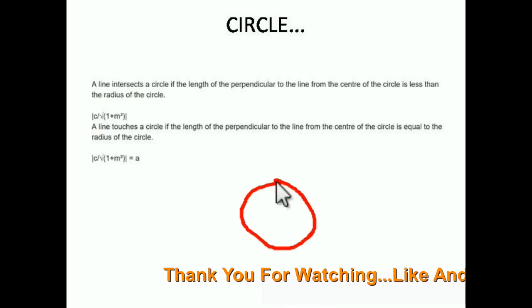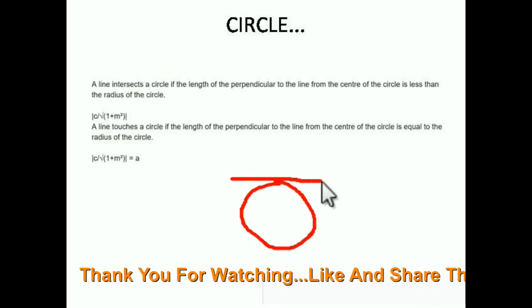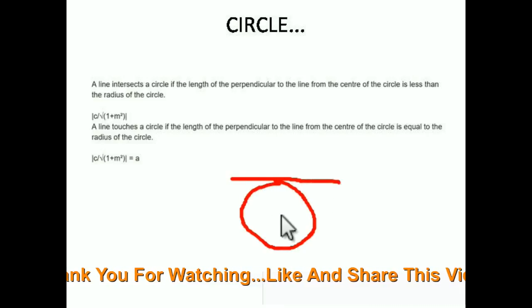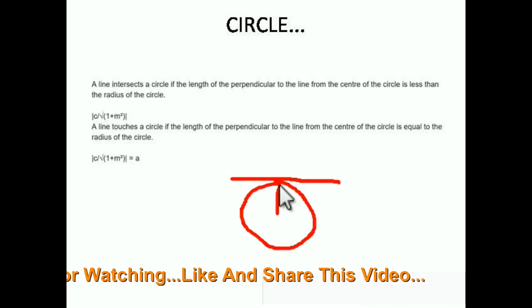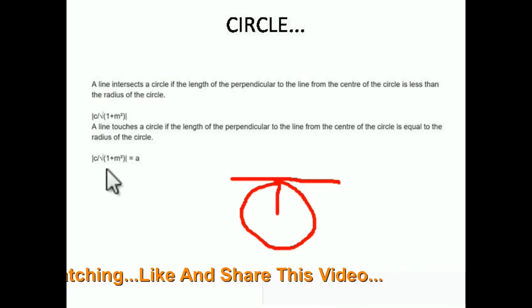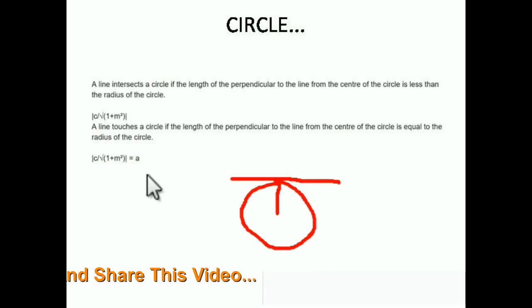If this is a circle and we draw a line like this, then the perpendicular distance from the center must be equal to the radius. So c upon square root of 1 plus m square is equal to a. Three points to remember: if it doesn't intersect, then the perpendicular distance is greater than a. If it intersects, then it is less than a. And if it touches, then it is equal to the radius.